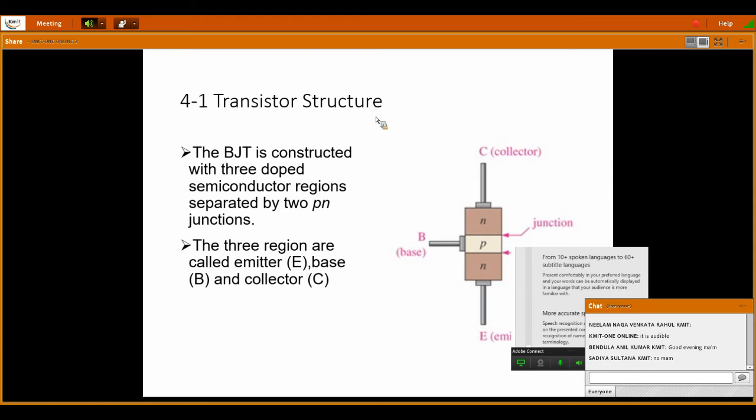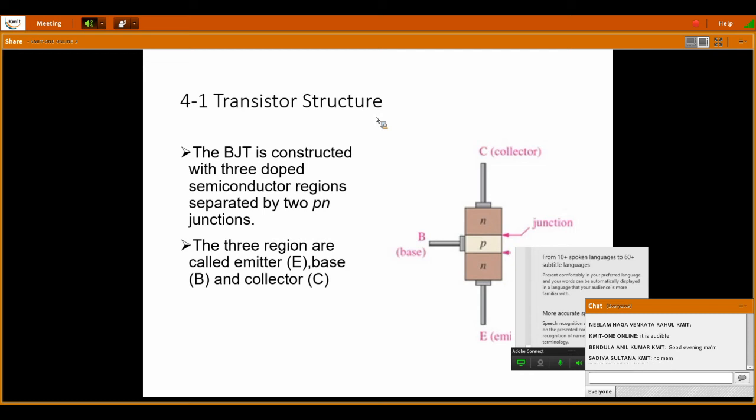So we have these three regions, and the doping of each region must differ. Here the emitter is the input region, and the electrons or free charge carriers will move from the emitter region, hence it must be doped heavily.